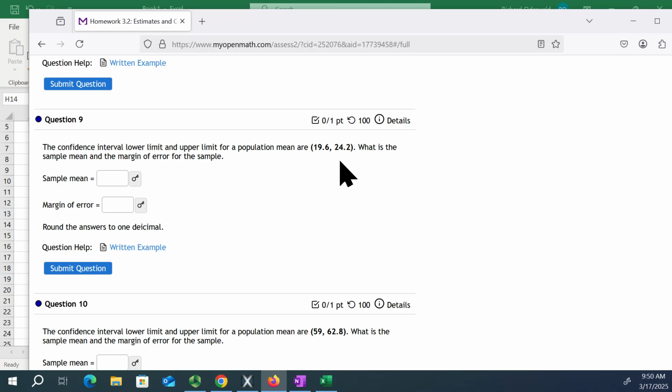The sample mean is 21.9. It's what's in the middle of the confidence interval. When you see a confidence interval, the middle is the average or the proportion.